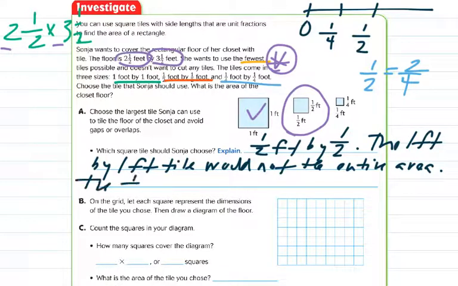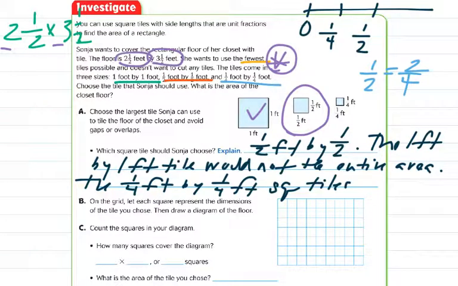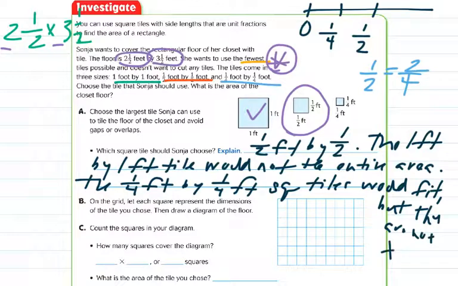We know that the 1/4 foot by 1/4 foot square tiles would fit, but they are not the largest. And that goes back up to this relationship, boys and girls. The half tiles would give us bigger tiles and fewer tiles. The fourth tiles, we know that 2/4 would be equivalent to half, but we know that 2 pieces is greater than 1. We want the fewer tiles, that's why we're going to use the half.